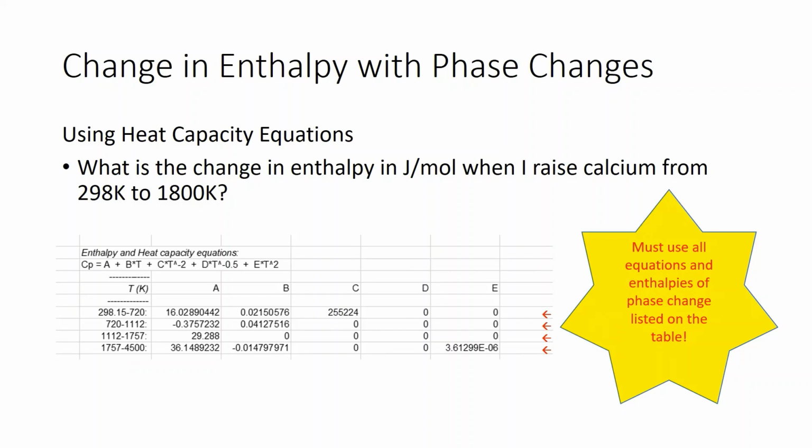If you remember, we had the crystallographic change from alpha to beta, the melting phase change, and then the heat of vaporization. We'll see this problem worked out shortly.